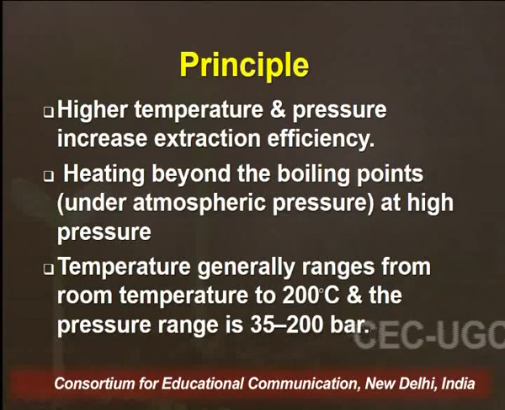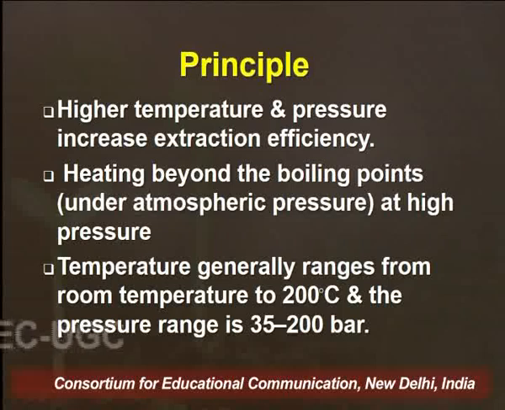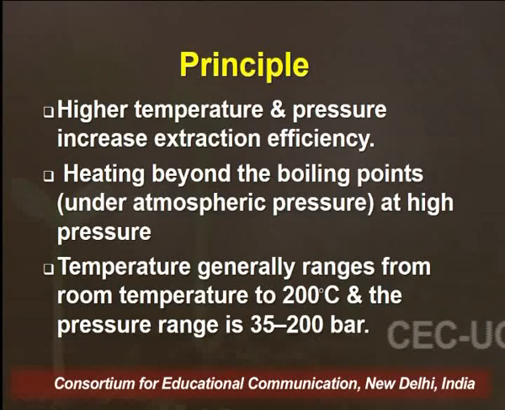The temperature generally ranges from room temperature to 200 degrees Celsius, and the pressure range is generally kept at 35 to 200 bars. So this is the basic principle of accelerated solvent extraction or pressurized solvent extraction.